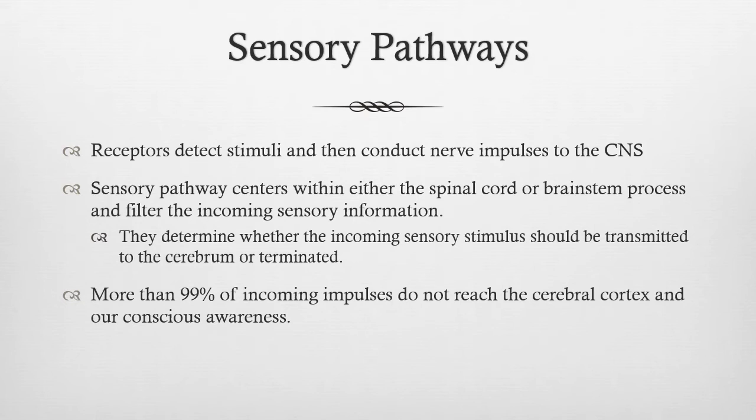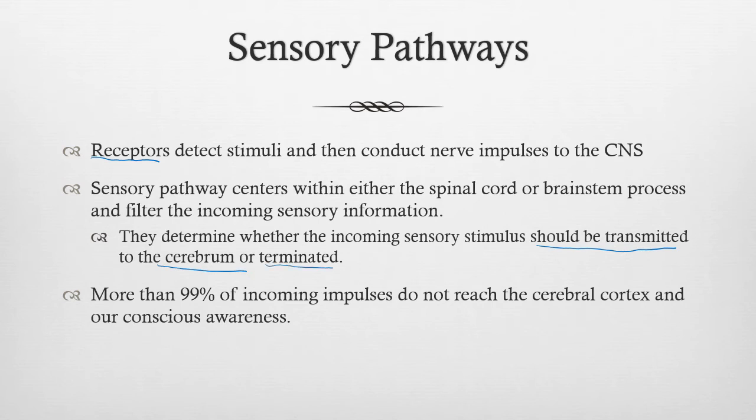For sensory information, we need to have some sort of receptor. We do have some free nerve endings, but for the majority of information coming up, we have receptors that detect a specific type of stimulus. That stimulus then enters into the cord, or the brainstem if we're talking about a cranial nerve, and we're able to do a little bit of processing there. Does that information actually need to be transmitted to the cerebrum, or should we ignore it?